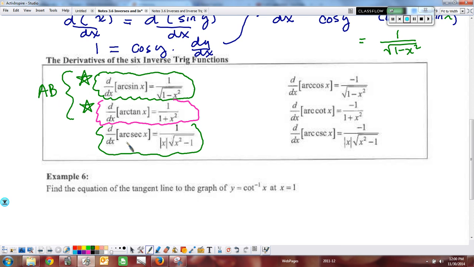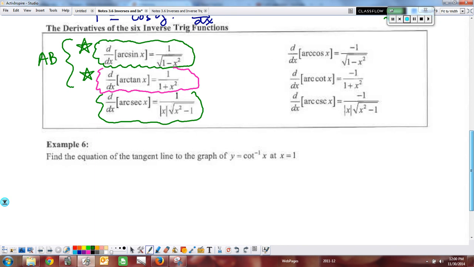I'm not going to guarantee that this one's not going to come up, or these over here, but 95% of the time, the two most important ones are going to be these two. Then throw these in as some extras just in case. Or you could gamble and not worry about those and worry more about these two. All right, I'm going to stop the video there and we'll come back with a new video for some examples.